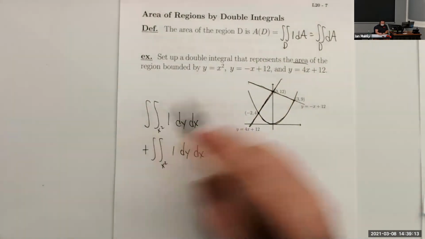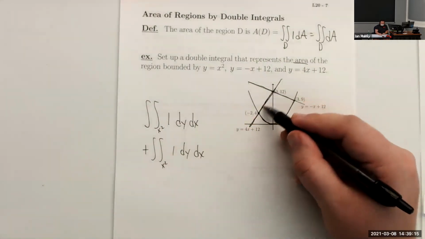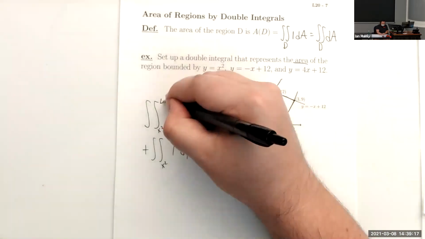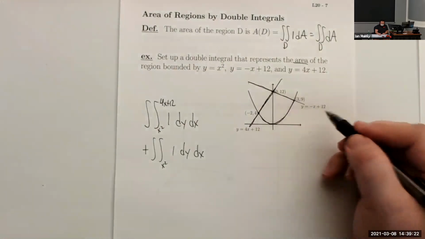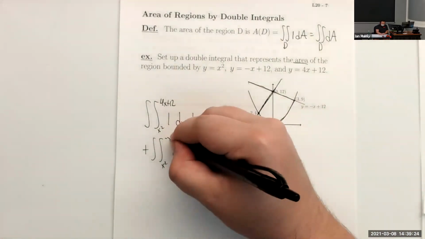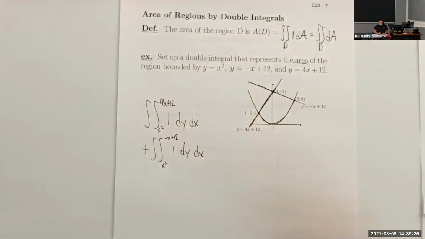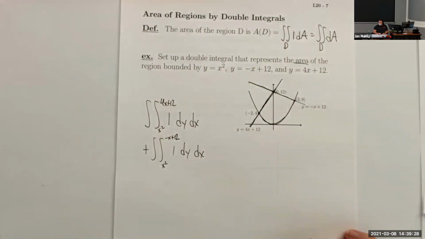All right, and then the upper bound for the left one is going to be 4x plus 12. And then the upper bound for the right version is going to be negative x plus 12. So now we have our y integrals here. Now we just need to see how far these go in x.